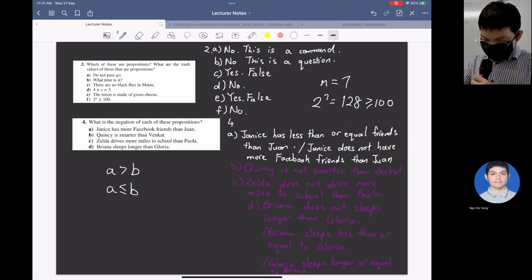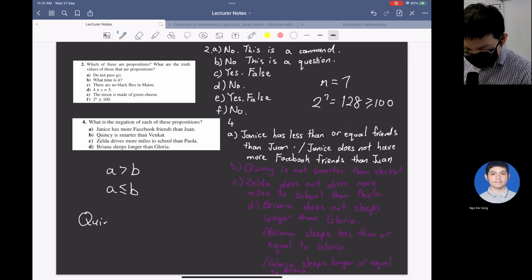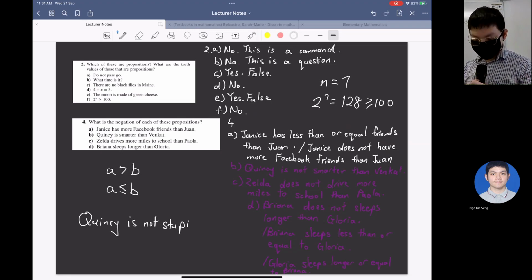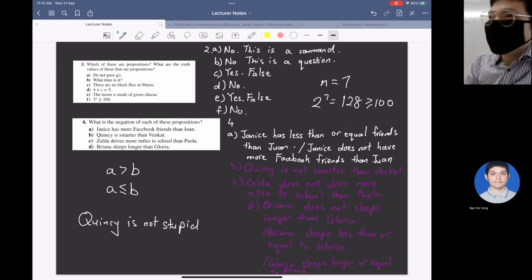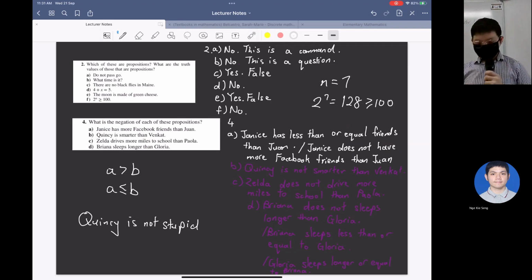Okay, next. Quincy is smarter than Venkat. Next. Quincy is not stupid then? Wait, I don't think that's the same thing. It's more stupid? Oh, okay.